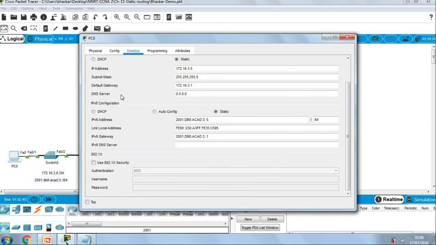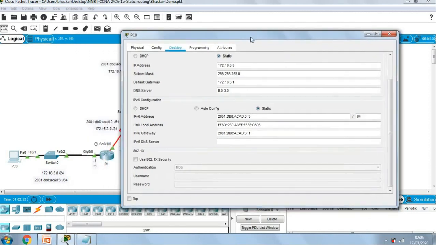So go to Desktop, IP Configuration. See here the IP address assigned: 172.16.3.5, subnet mask 255.255.255.0, and the gateway address is 172.16.3.1. For this PC the gateway is 3.1.